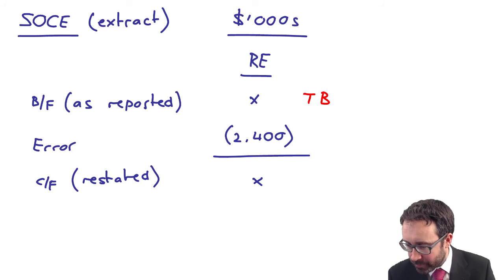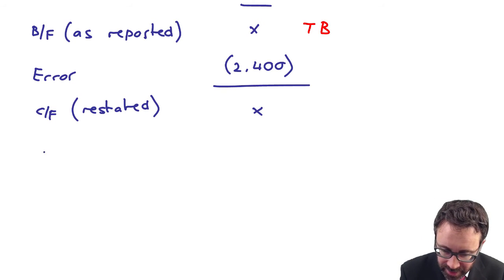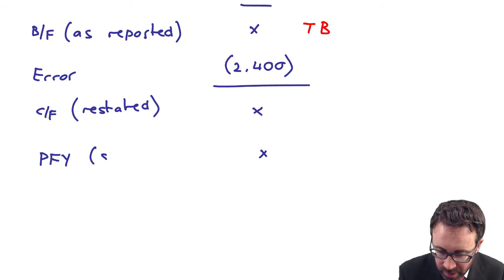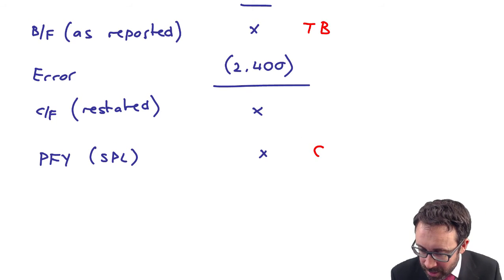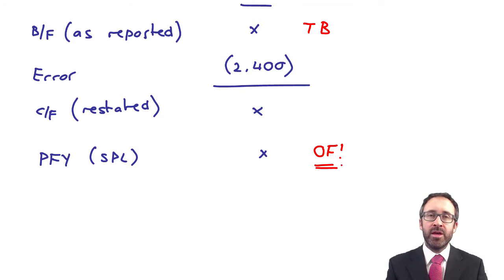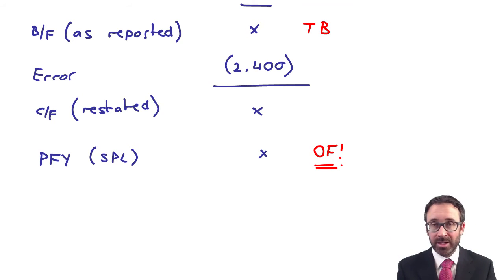And then, if you were to finish off the question within the real exam, you'd have your profit for the year. That profit for the year comes from the statement of profit or loss. That's the easy marks that you can get because you just use your own figure. Whatever figure you have for profit for the year from the other part of the question, you just transfer that to the statement of changes in equity.